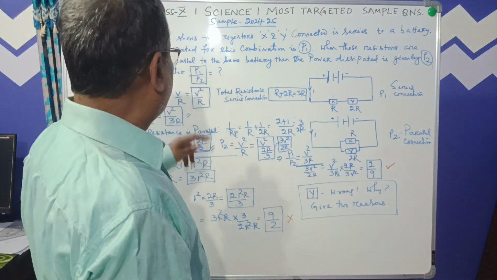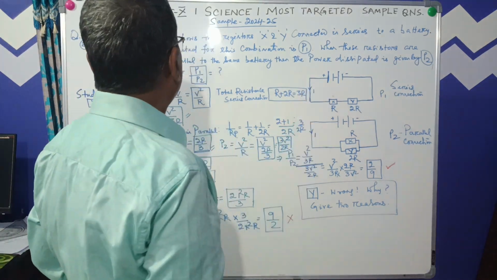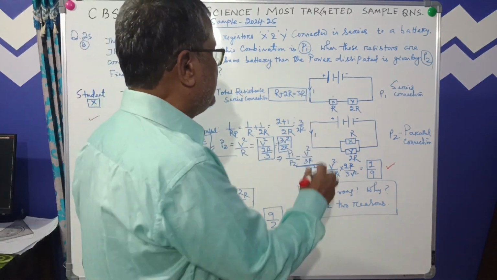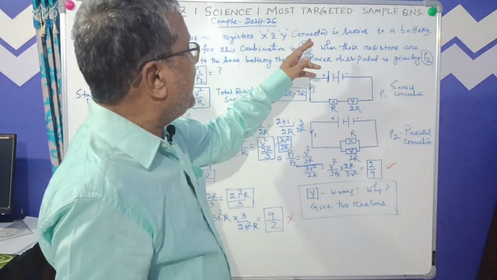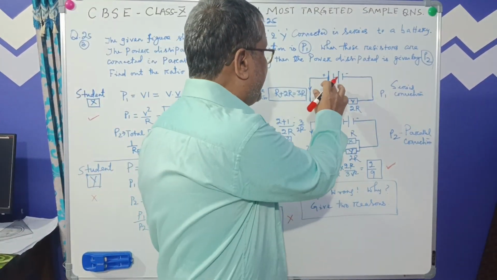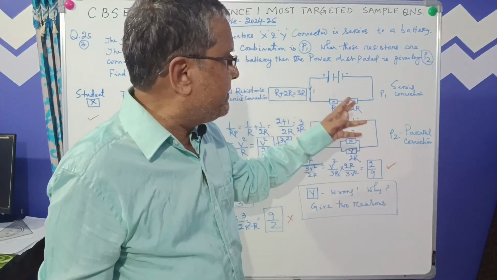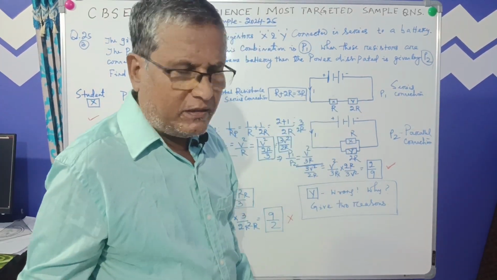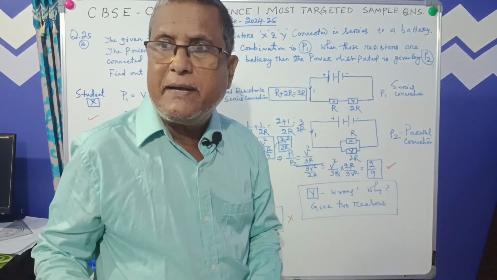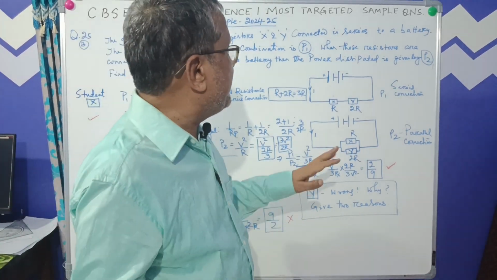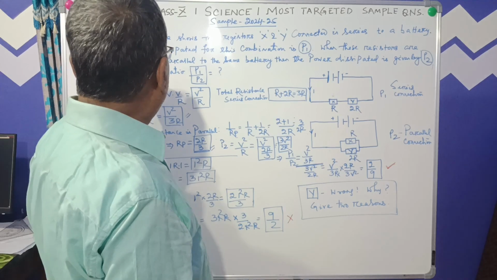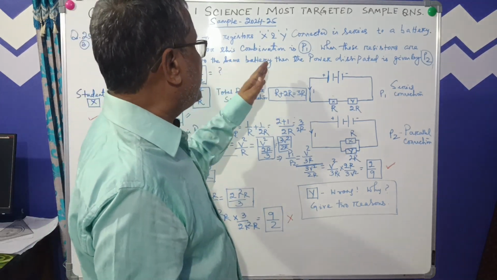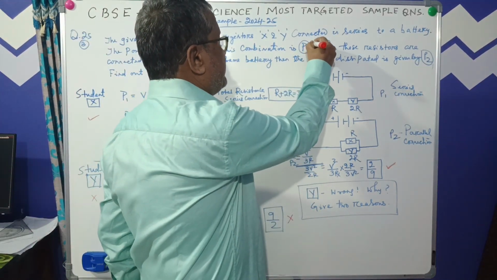The given figure shows two resistors, R1 and R2, connected in series to a battery. We have taken two batteries, but in the sample question paper, three batteries have been taken. That doesn't matter. The power dissipated for this connection is P1. This is very important.